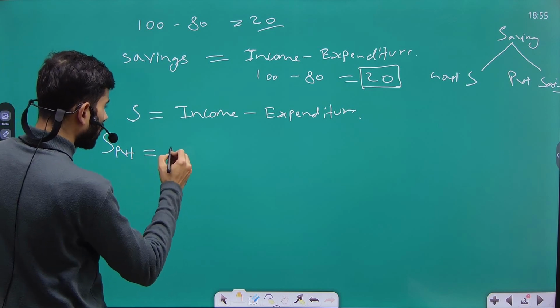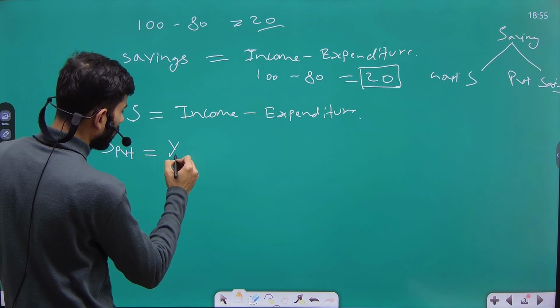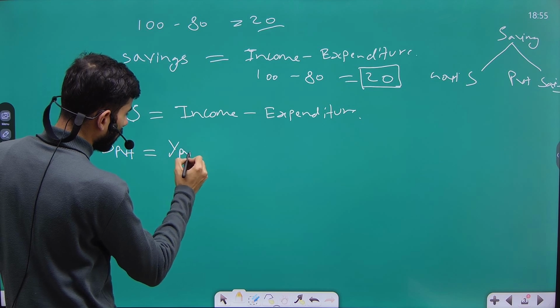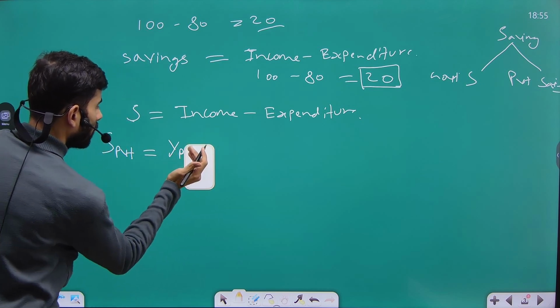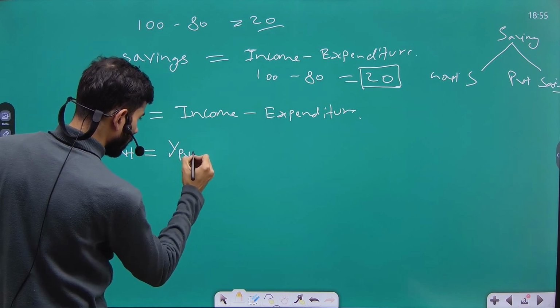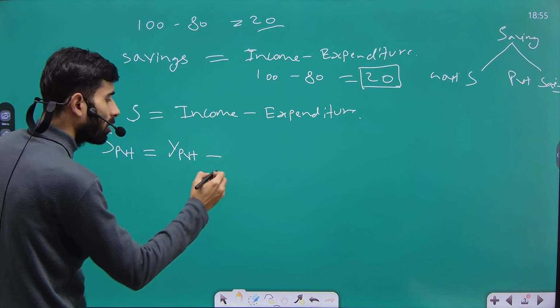Basically, from private income, we have to subtract private expenditure.